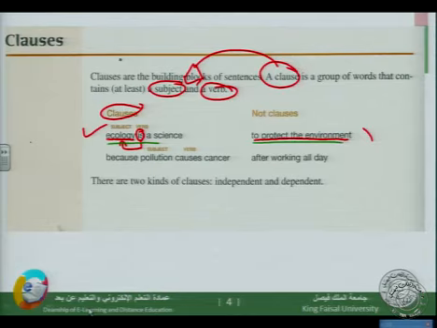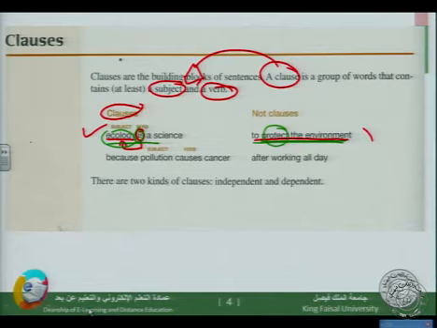But this part of the sentence is not a clause. Why? Well, because here we have a subject and a verb, but in this part we don't have a subject. We have only an infinitive verb. Okay?